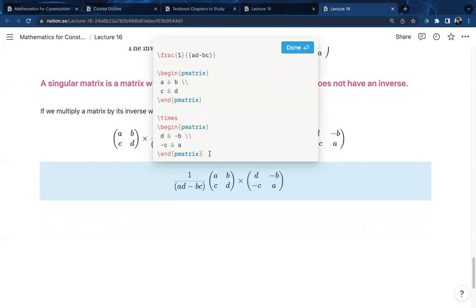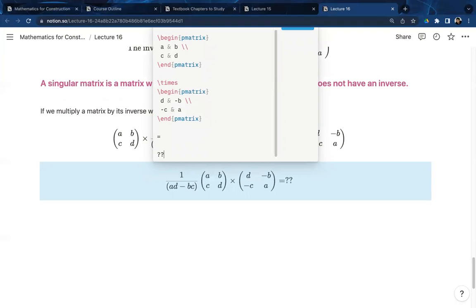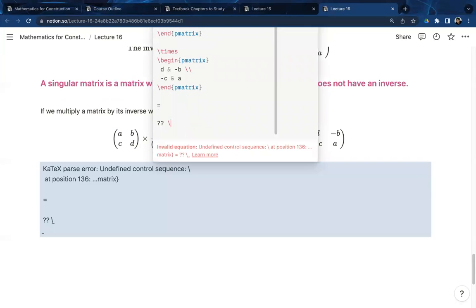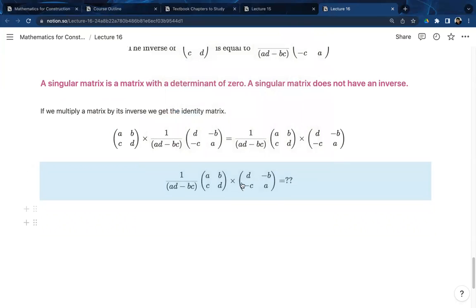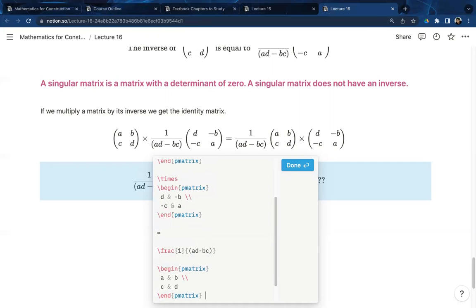If we multiply the matrices, forget this determinant here, that's just a number. So the answer is something like this.